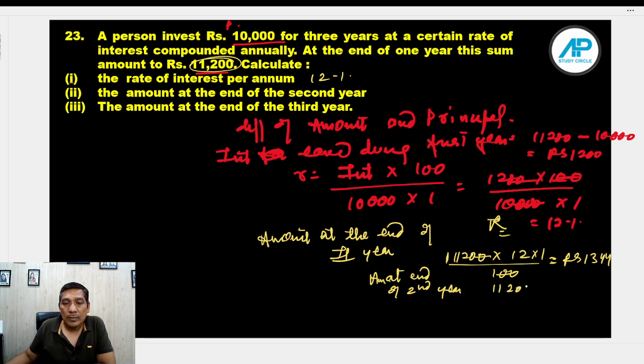11200 plus 1344. So 11200 plus 1344 is rupees 12,544. Now on this value, find the interest for the third year.